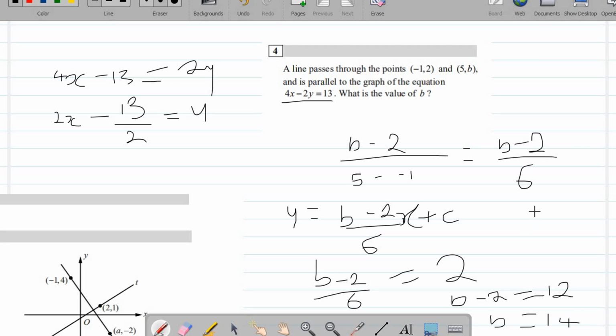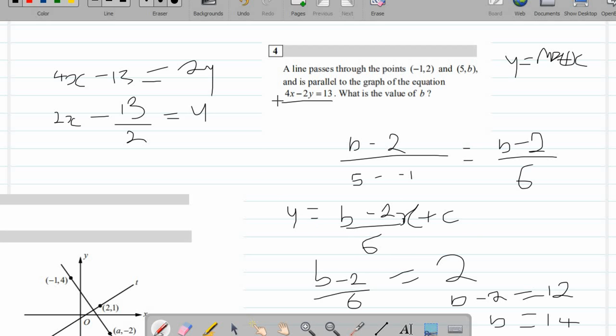Now remember what we did here. The first thing we did is, because this line passes through this point, that means this is the slope, and we solved that with y2 minus y1 over x2 minus x1, and we got b minus 2 over 6. Now from y equal to mx plus c, where this is m, the slope, we drop the m there: y equal to b minus 2 over 6 x plus c.